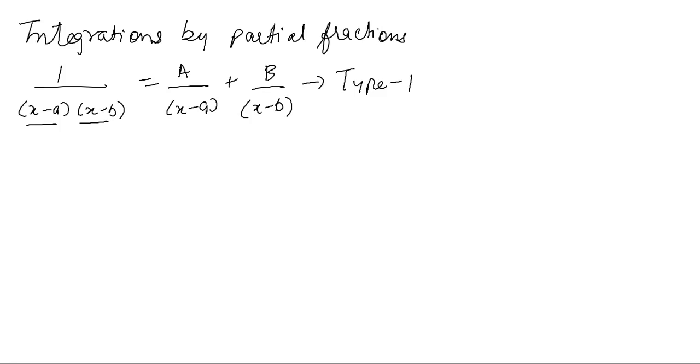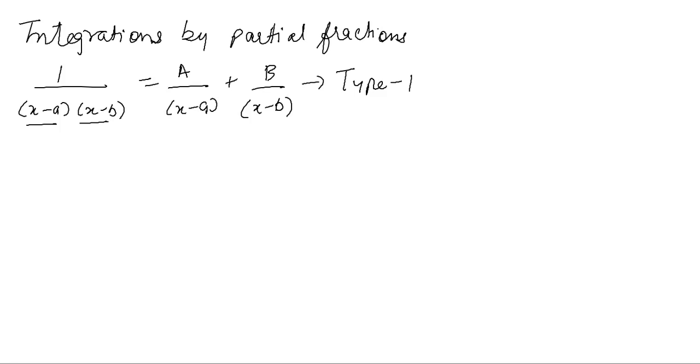So we will write that fraction as a upon one denominator plus b upon another. If you have one more factor in denominator, then you will take c upon x minus c, and it goes on.